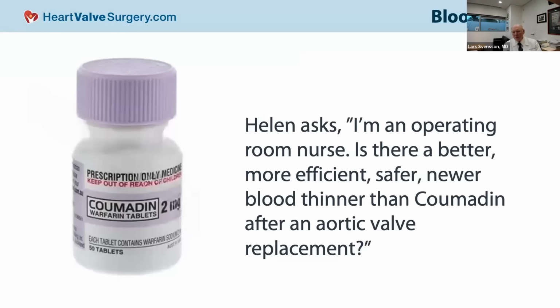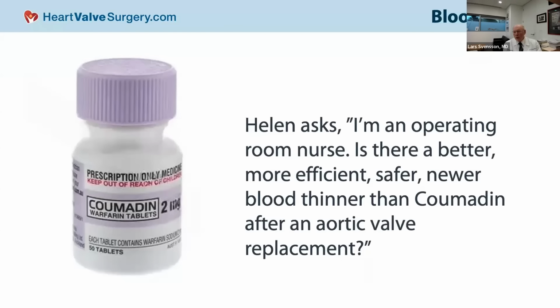And so we set up this trial with the mechanical On-X valve with the idea of, could we choose a population of patients who would be ideal for using one of the new non-Coumadin blood thinners? And in this case, we chose to use Eliquis.